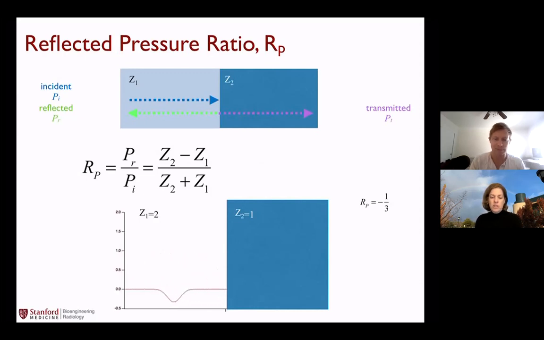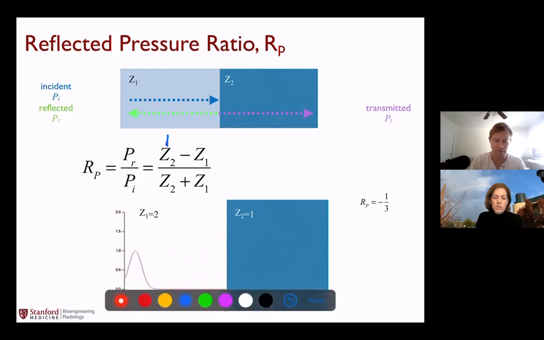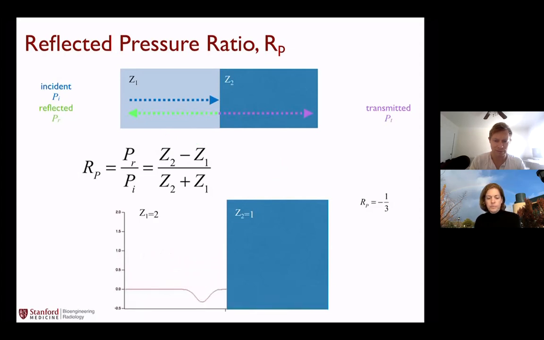And that's simply that Z2 here, we plug in the numbers, we get 1 minus 2, and we end up with a minus 1/3. And so that's what gives rise to that sign change. Okay, so we're going to get a reflection. We can figure out what the amplitude of that reflection is given these equations, and then also whether or not there's a sign change.